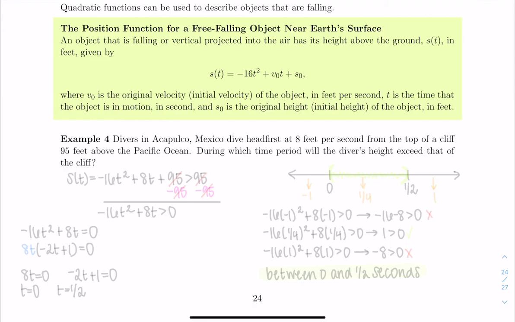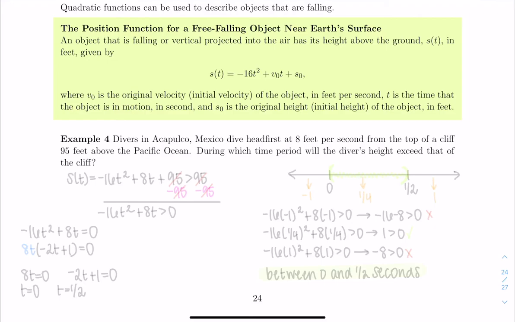An object that is falling or vertically projected into the air has its height above the ground, s of t, in feet, given by s of t equals negative 16t squared plus v naught t plus s naught, where v naught is the initial velocity of the object in feet per second, t is the time that the object is in motion in seconds, and s naught is the original height of the object in feet.